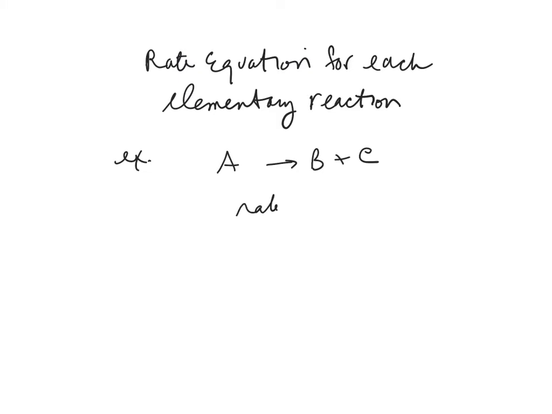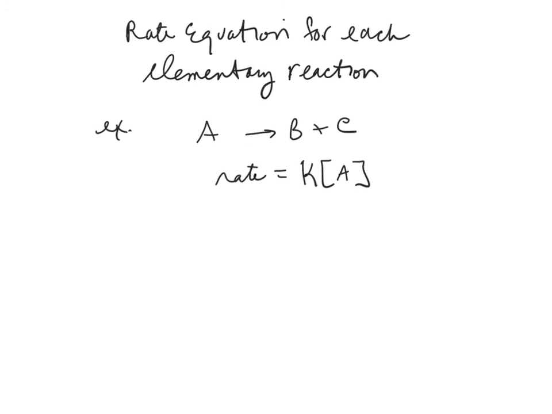And you'd say rate is equal to K times the concentration of A. And here's where we're going to take the coefficient 1, and it's going to become the power 1. So the order in this example for A is equal to the coefficient for A in the balanced reaction, for the elementary steps only. You cannot do this for the overall.